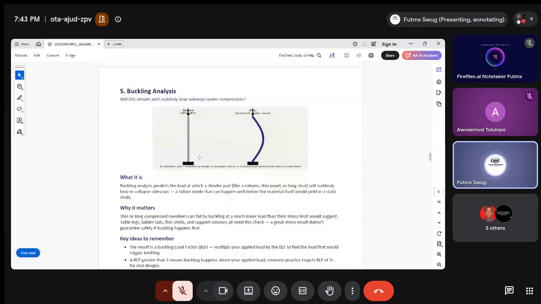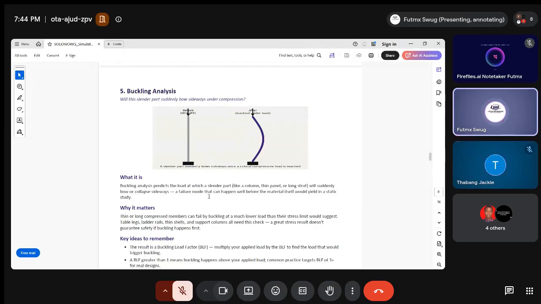So buckling analysis predicts the load at which a slender part, like a column in a bridge or in a house, a thin panel, or a long strut, will suddenly bow or collapse sideways.